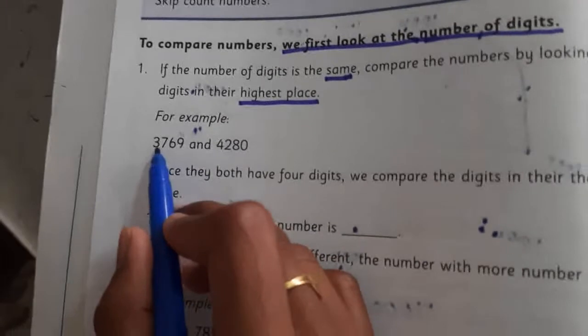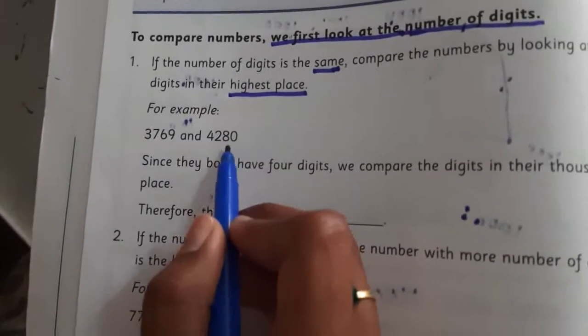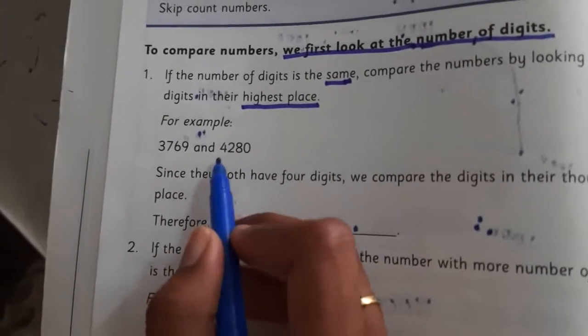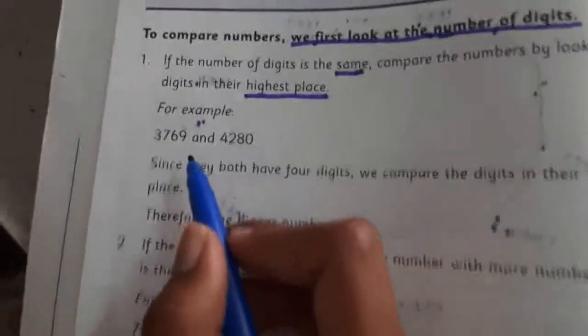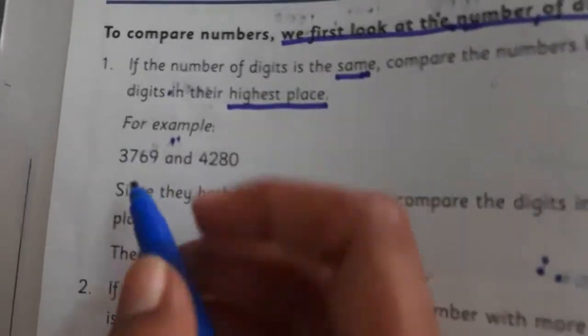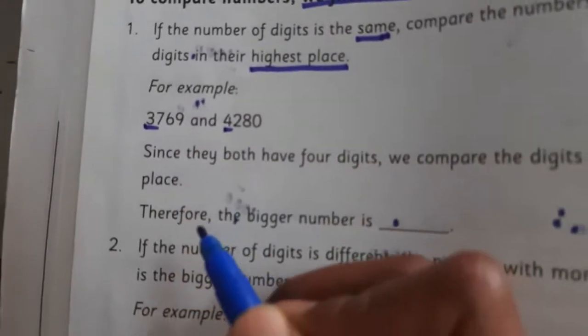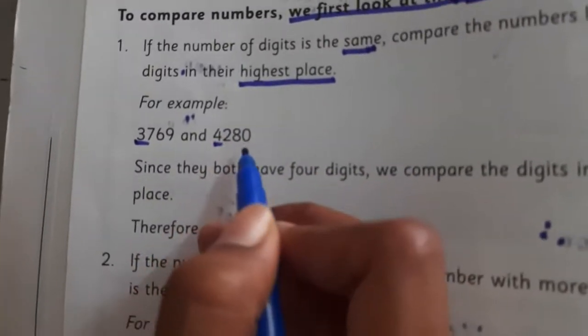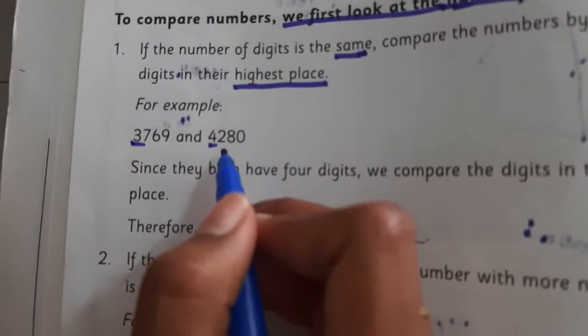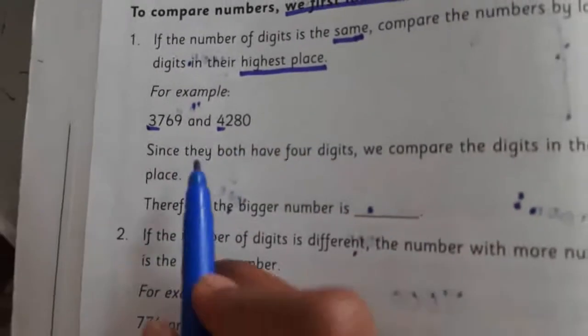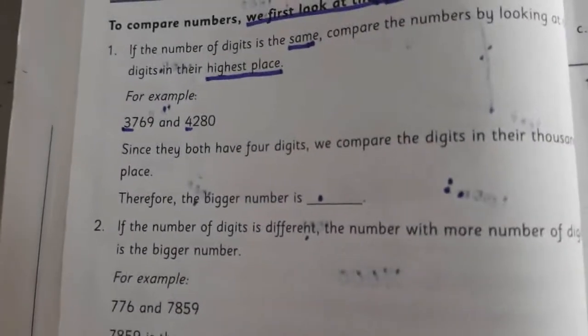So see here, also 4 digits, here also 4 digits. In that example you have to see the highest place. What is the highest place in a 4-digit number? Obviously it is the thousands place. Now you can identify which is the greater number. Obviously it's 4,280. This is the way you compare numbers.